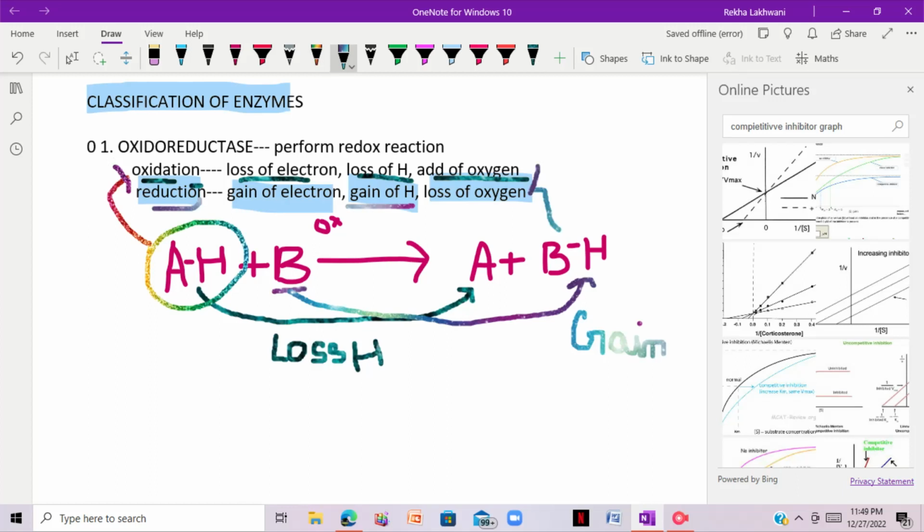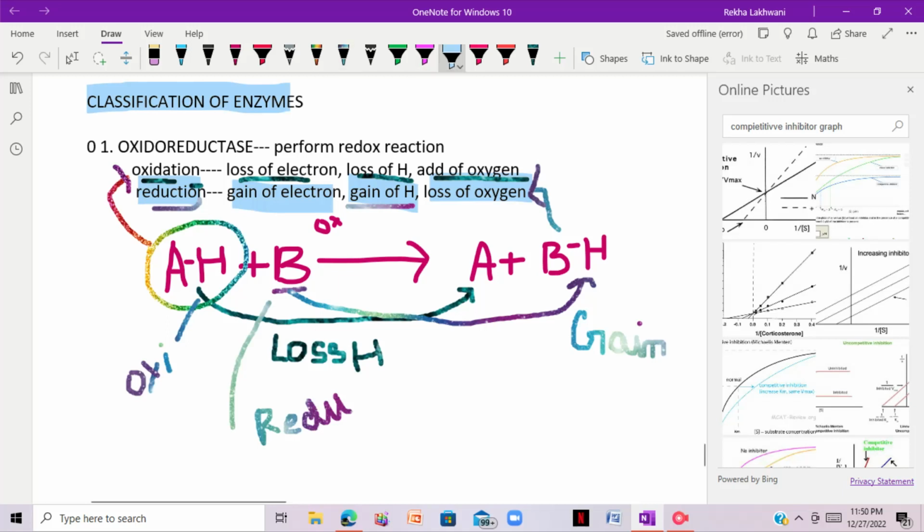So the enzymes which are responsible for oxidation and reduction are known as oxidoreductase. Or these enzymes' second name is dehydrogenase. Now why this name? Because as you can see over here, the hydrogen is being removed.